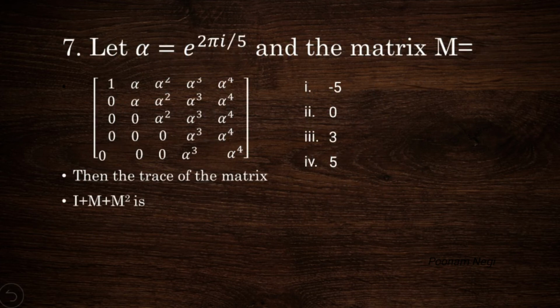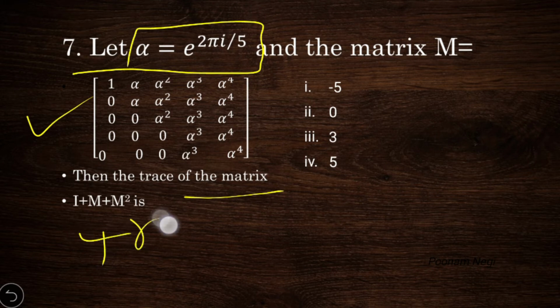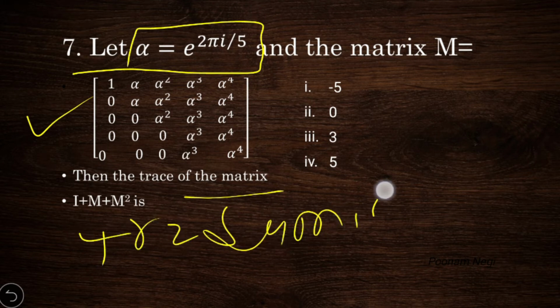Next question is, let alpha equal e to the power 2 pi iota upon 5, and the given matrix is this one. Then we have to find the trace of the matrix. The trace of the matrix is nothing but the sum of eigenvalues.